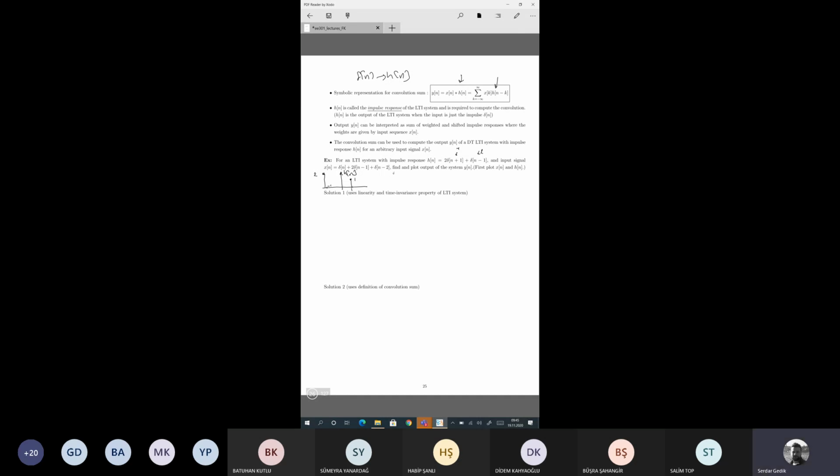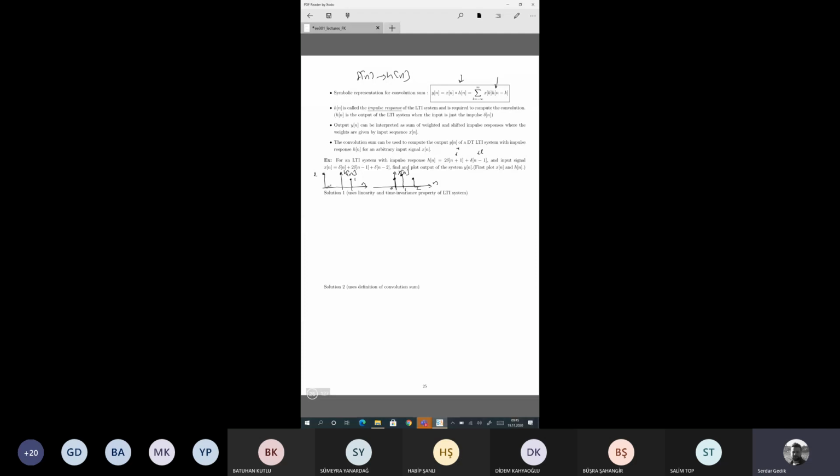Next, I have x of n. This is my n. It is 1 at 0, 2 at 1, and again 1 at 2. So these are my h of n and x of n.